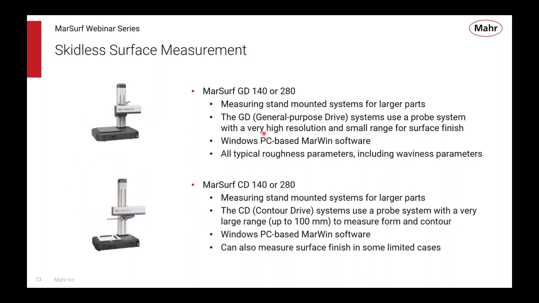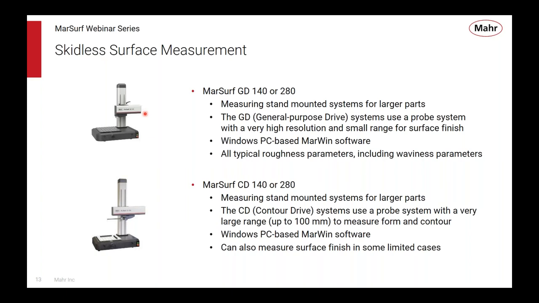Stepping up from that, we would have the GD systems, 140 or 280 millimeters, and that refers to the length of this drive unit here, either 140 or 280 millimeter long travel. So I can take 140 millimeters of measurement all in one measurement. The general purpose drive systems use a probe system that is specifically tailored towards making really good roughness measurements. It's very high resolution, not very big range.